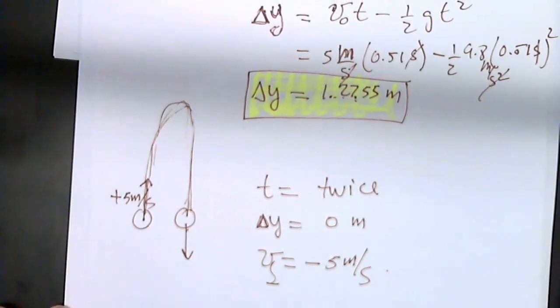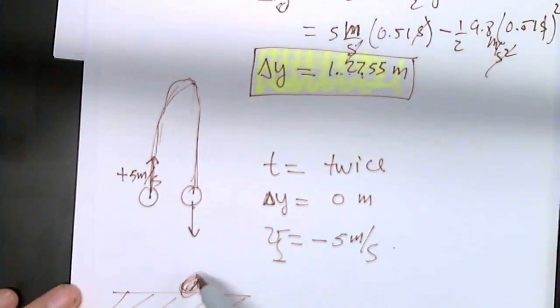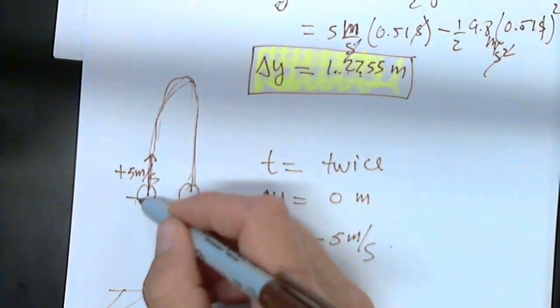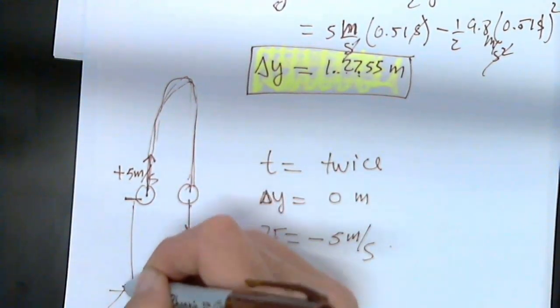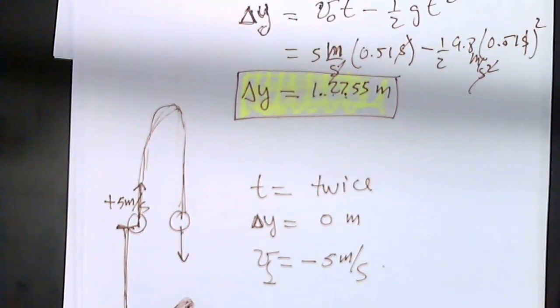And another set of problems is if you want to find the information at the ground, but to know the information at the ground, you need to know the initial height, the initial position of the ball. So we can stop here.